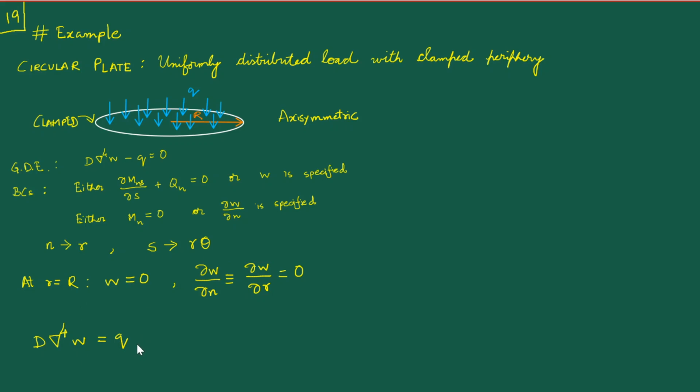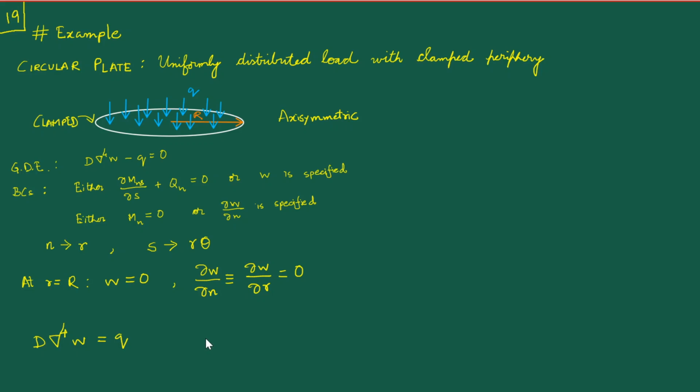But at the same time, you note that all derivatives with respect to theta will be 0 because of this axisymmetric condition.